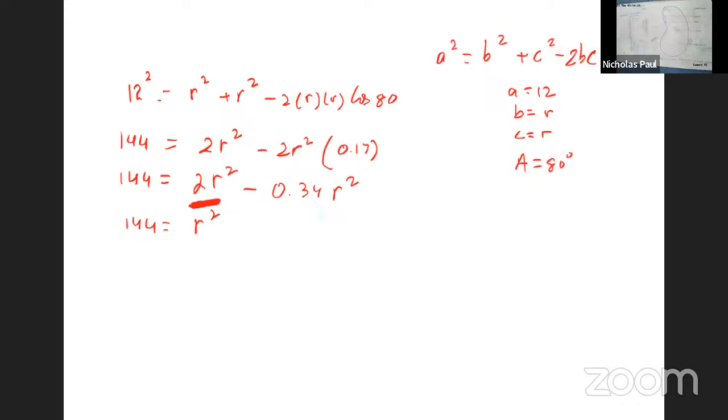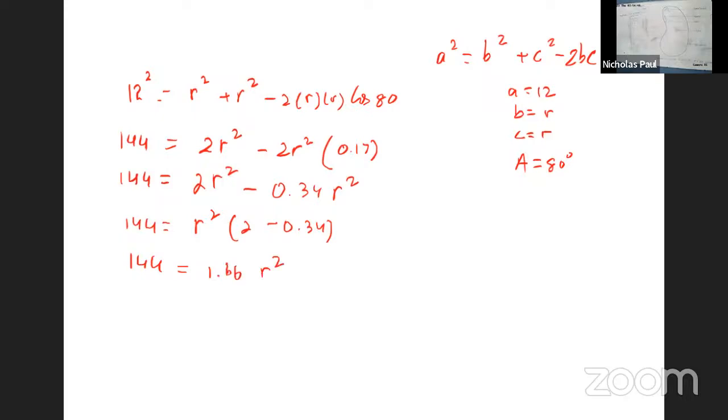So I'm going to factor out R squared, and I'll be left with 2 minus 0.34. So you'll be left with 144 is equal to 1.66 R squared.